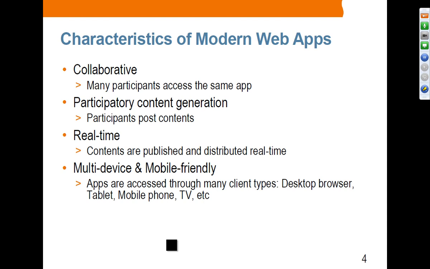Again, Twitter and Facebook are primary examples. And multi-device and mobile friendly. So your applications are accessed through many client types. It could be a desktop browser, or a tablet, or mobile devices, or a TV and things like that. So these are the characteristics of modern web applications.